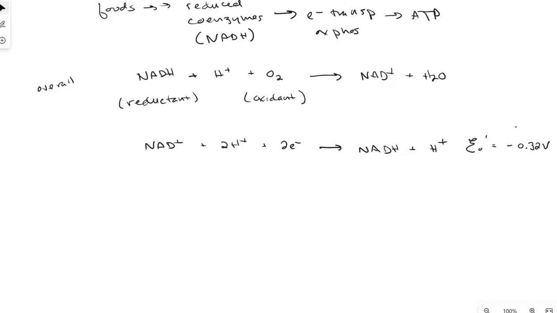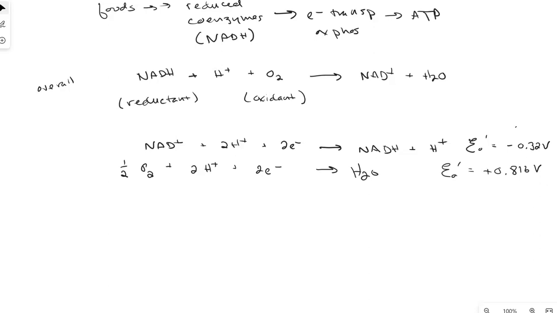The other half reaction is, in its most reduced state, half an equivalent of molecular oxygen plus 2 protons plus 2 electrons yields water. And this has a standard reduction potential of positive 0.816 volts.